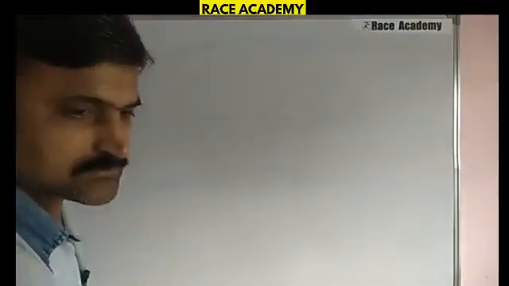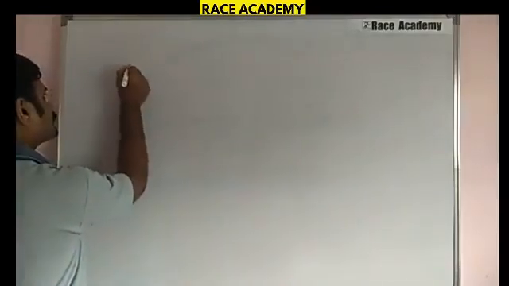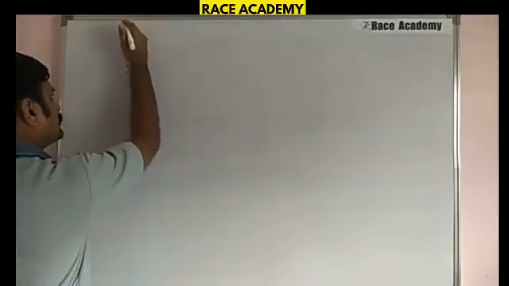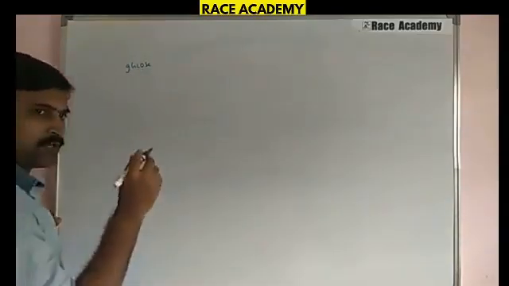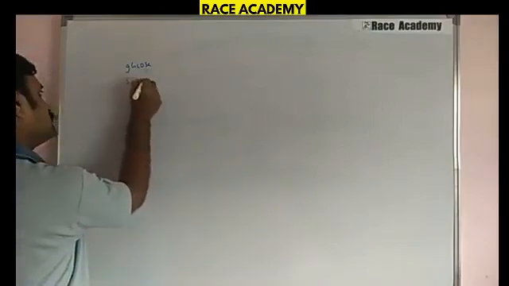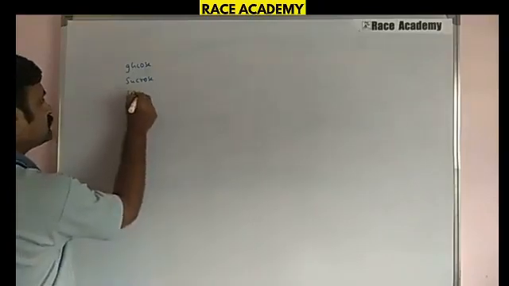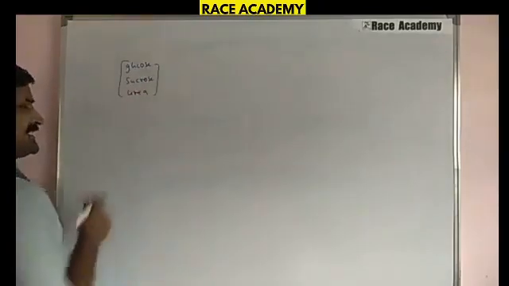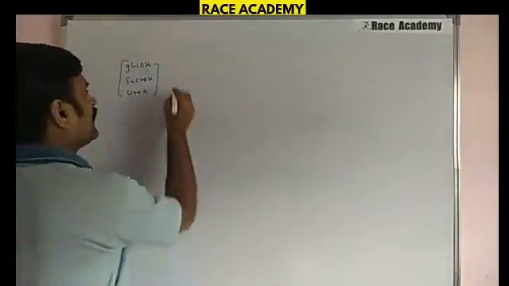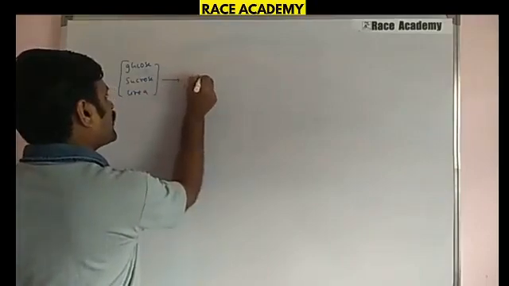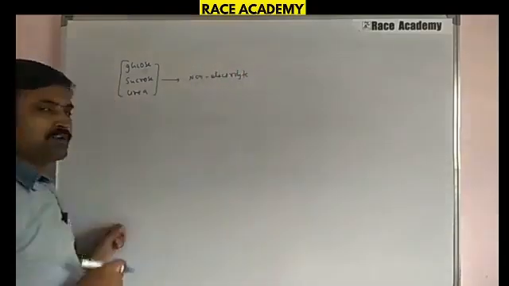Suppose when you have taken glucose, or when you have taken sucrose, or when you have taken urea, actually these are the set of important non-electrolytes, and they come under the non-electrolyte category.